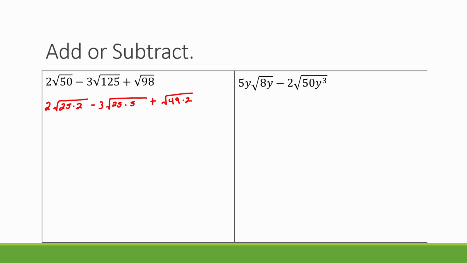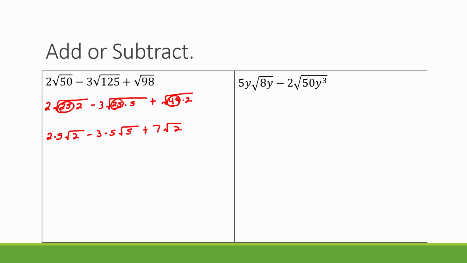Now I can simplify these by taking the square root of 25, which gives me 2 times 5 outside of my radical with the 2 left over on the inside. Taking the square root of 25 again, which gives me minus 3 times 5 with the 5 left over inside my radical. And then taking the square root of 49, which gives me 7 times the square root of 2.